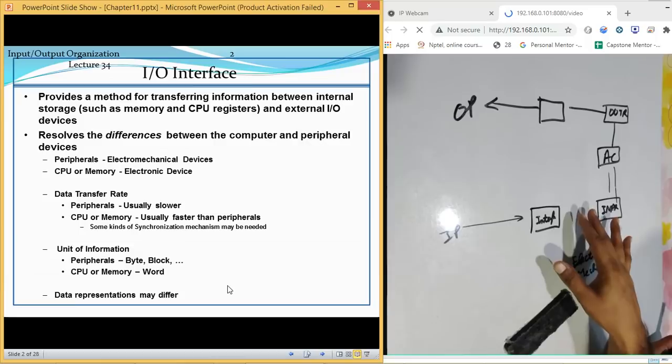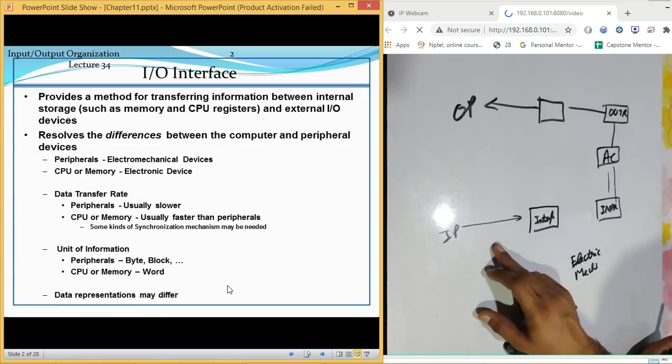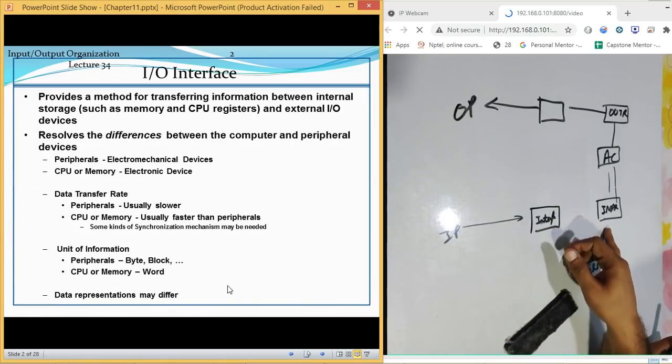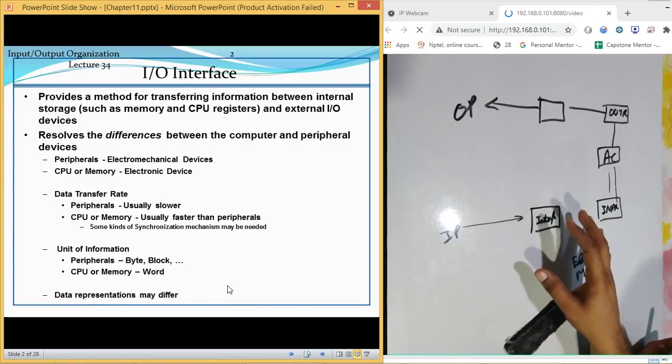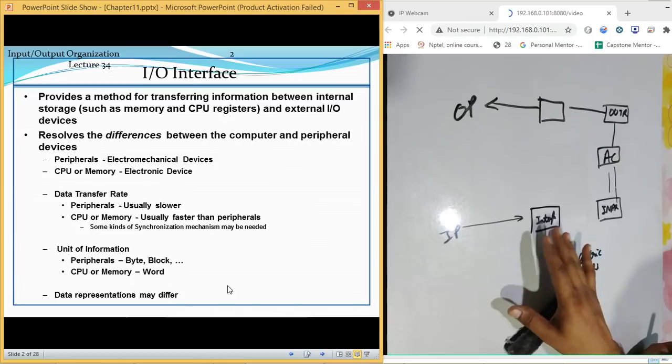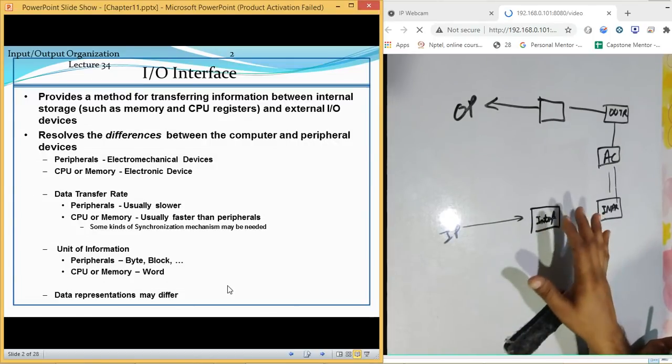So that is why we need to maintain synchronization between slower devices and a fast device. To do that, we have an input output interface. Your input output interface will help you maintain the synchronization between slow and fast devices.